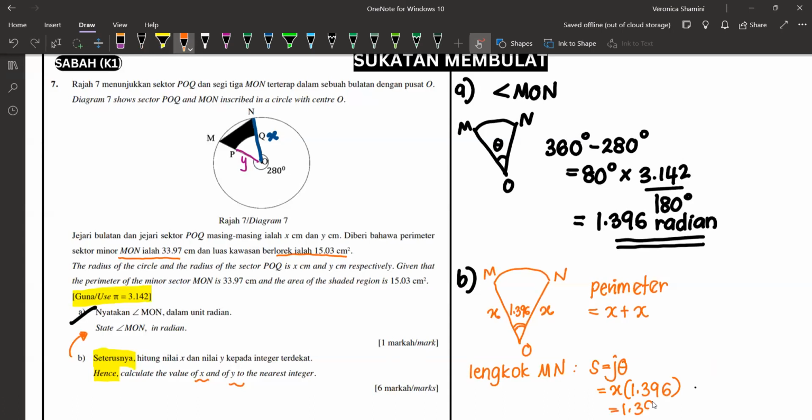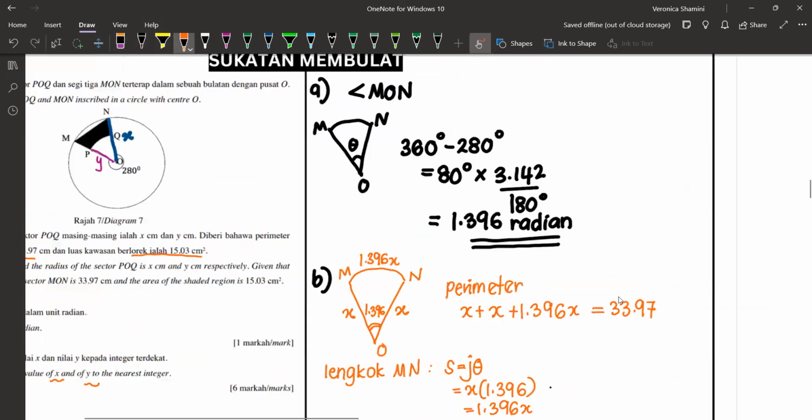So you get 1.396x. Okay, so dekat sini dah dapat 1.396x. So kita tambah everything. So when you tambah everything, okay, you're supposed to get the answer 33.97. Okay, dah dapat.